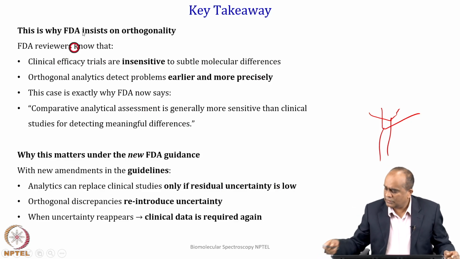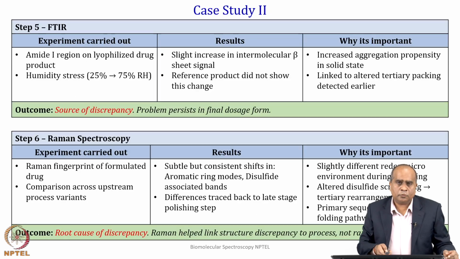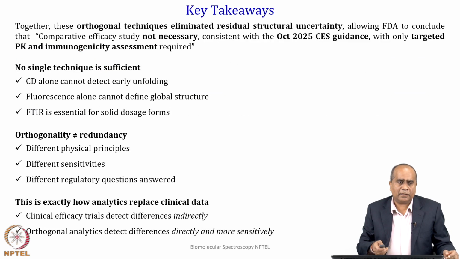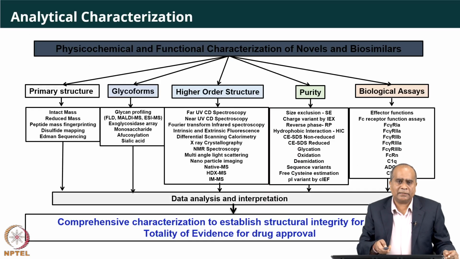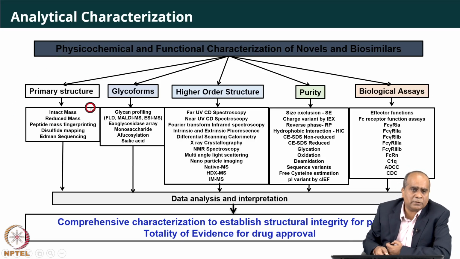Actually, you do not need to go too much into the details of the clinical trial. You can essentially employ the variety of techniques that I discussed here. You start with the primary structure, you do intact mass, reduced mass, peptide fingerprinting, disulfide mapping and sequencing, all of these.